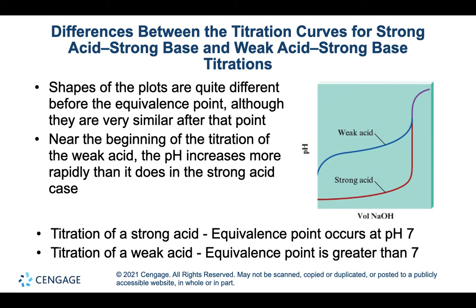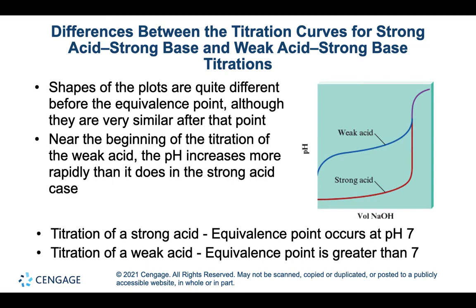So your shapes are quite different. Your strong acid starts really low, rises really sharply, and then levels off. Your weak acid is going to start a little higher, it's going to rise more quickly, then level off, and then rise again. But the vertical part of a weak acid titration curve is not as tall as a strong acid.